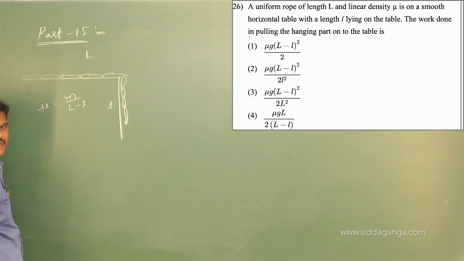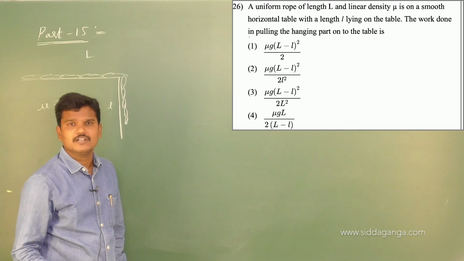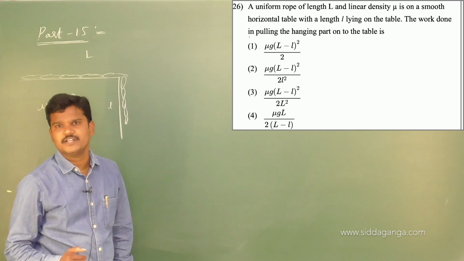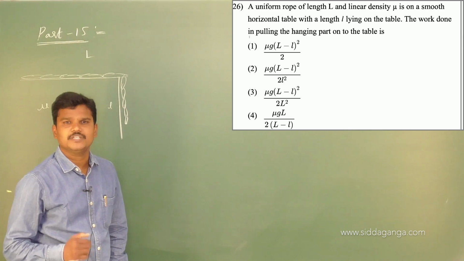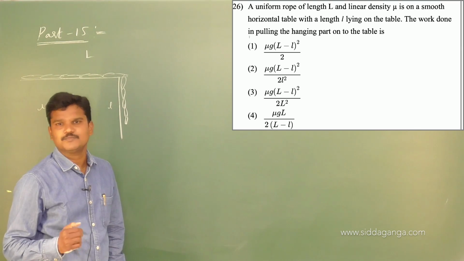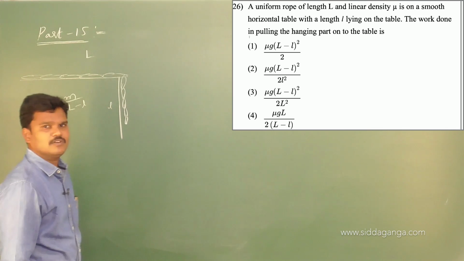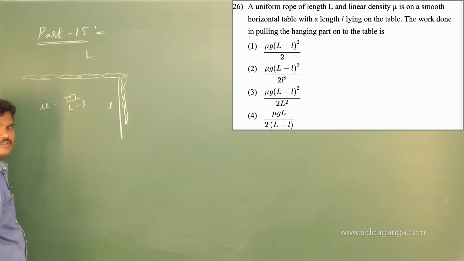Sorry, they have given: a uniform rope of length capital L, linear density mu, is on a smooth horizontal table with a length small l lying on the table. The work done in pulling the hanging part.